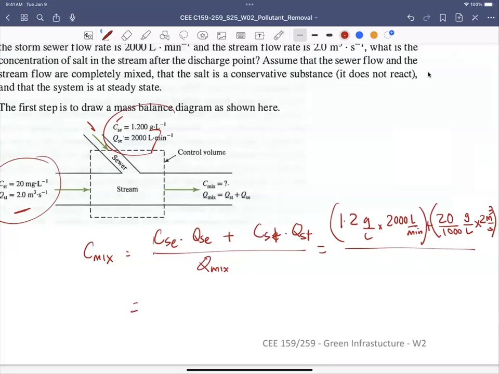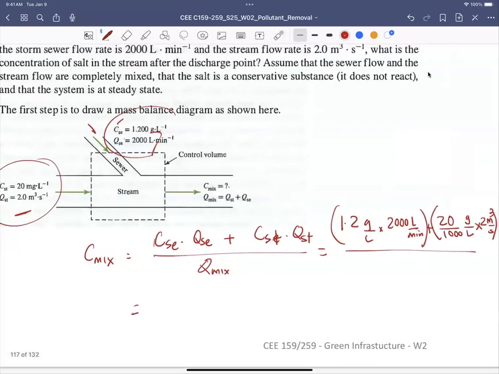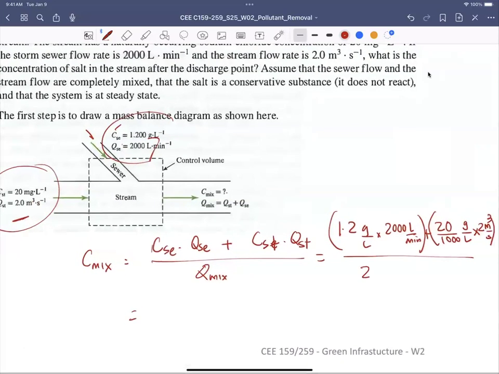Q mix is QST plus QSC. So that's 2 cubic meter per second plus 2000 liter per minute. Again, this one you have to change from liter. 1000 liter is the same as 1 cubic meter, and 1 minute is 60 seconds.